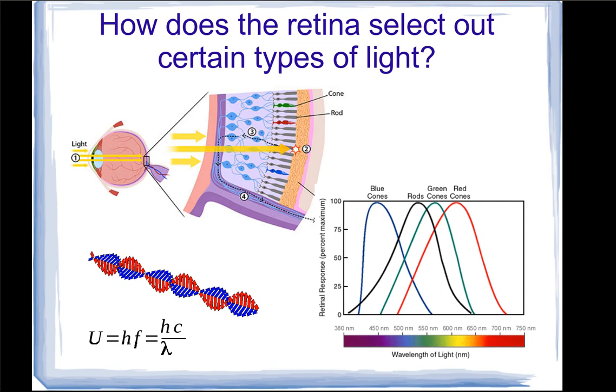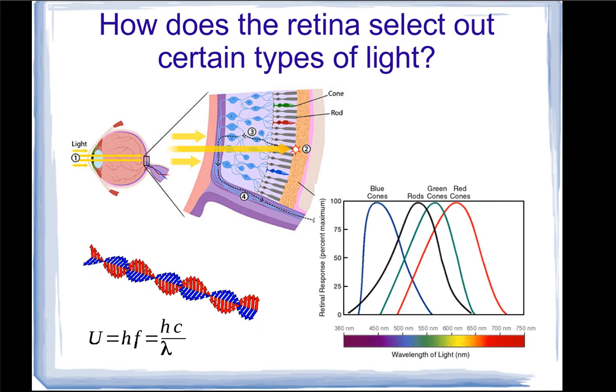Something similar is true for green cones, except they have a structure that responds, as you can see in the graph, with the peak response between 550 and 600 nanometers, and then red cones are at longer wavelengths, between 600 and 650 nanometers. Mostly, that's where the best response is.